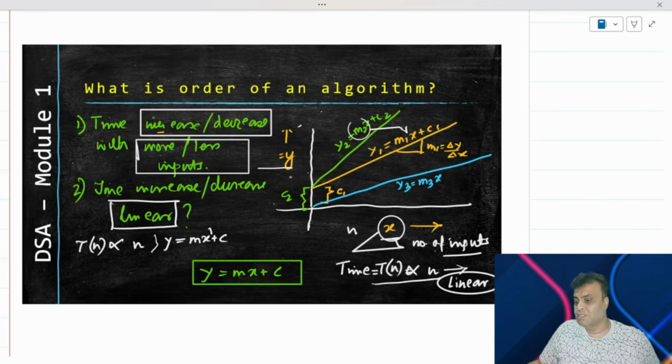The dependent variable is your y, the independent variable is your x. So the power of the independent variable in this case is the degree, which is 1.